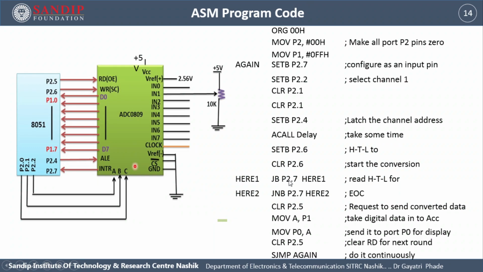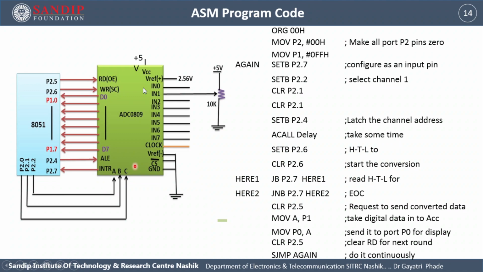With JB P2.7, we read the status of the INTR pin, which is nothing but P2.7. It should go high to low. That's why we first ensure the bit is high, then we ensure the bit is low. When this bit completely goes high to low, we know there is end of conversion.